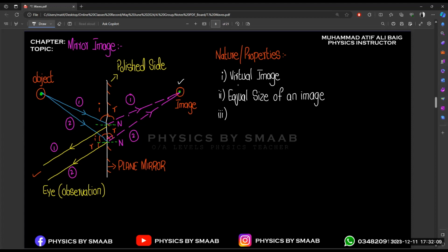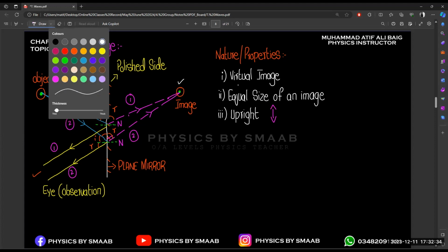Your head will be on the top level and your foot will be on the lower level. So it means that your image will be upright. Upright means we are talking about vertical orientation, not horizontal. So the upside will be on the top, the lower side will be on the bottom.